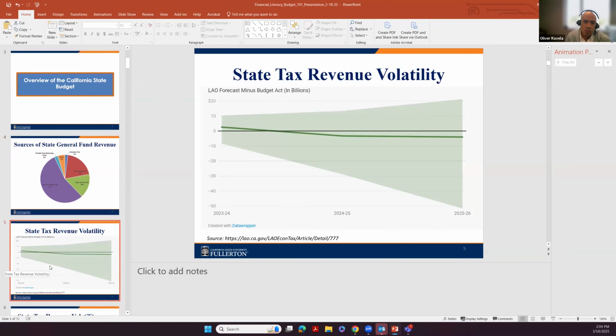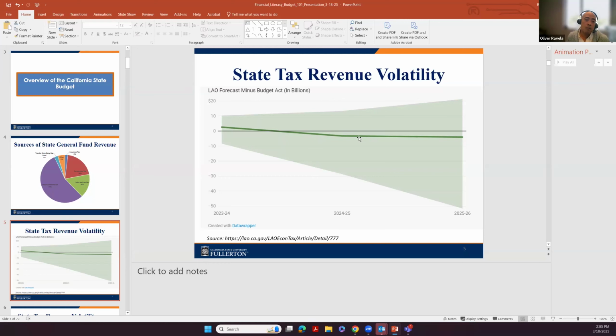So this is a display from the Legislative Analyst Office. It's a comparison of the administration's budget plan against the legislative analyst's scoring of the variability in that budget plan. The green line represents the target as set by the administration's budget plan.